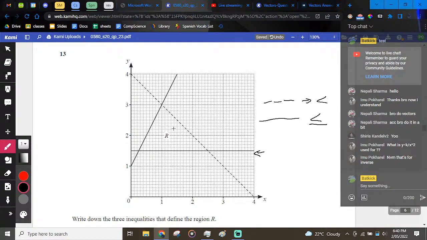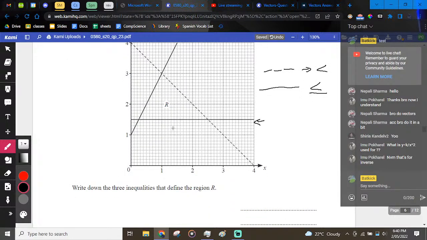On this line, y is greater than or equal to 1.5. See, because 1.5, all the y values on this.